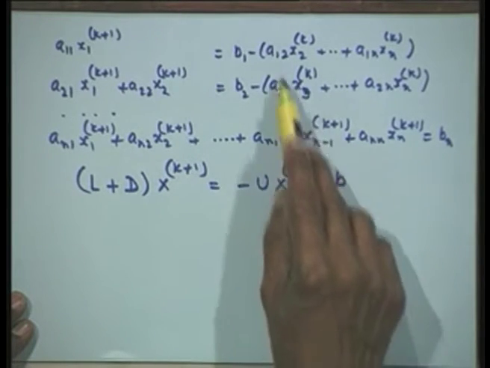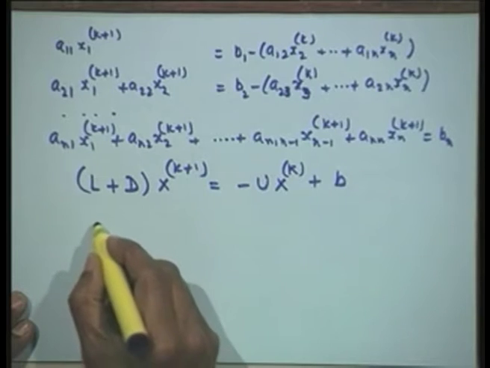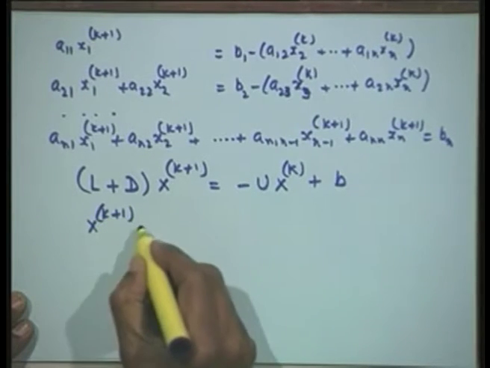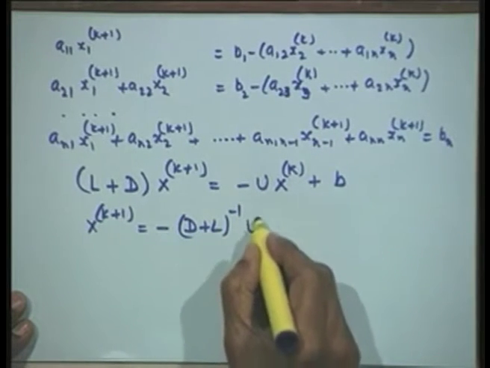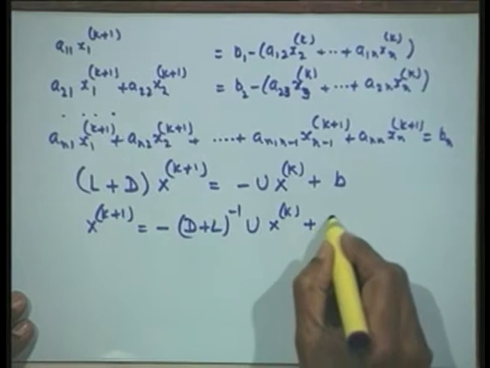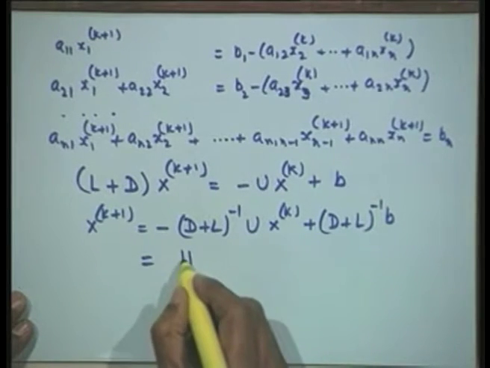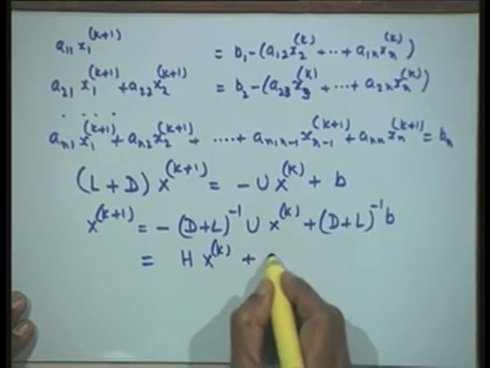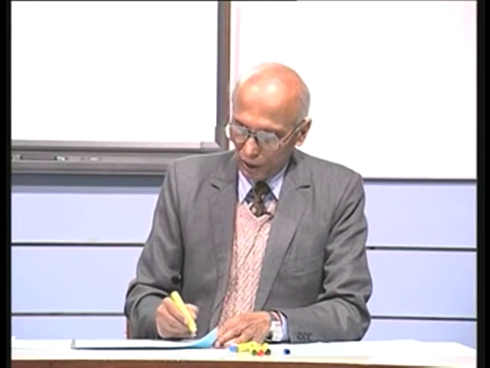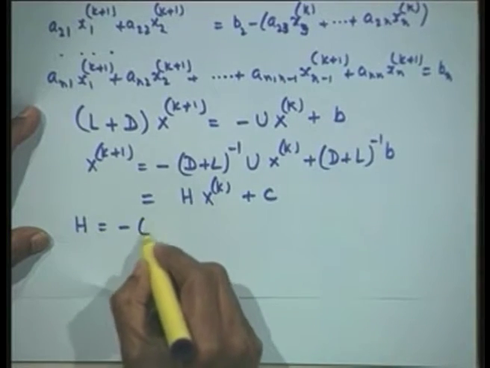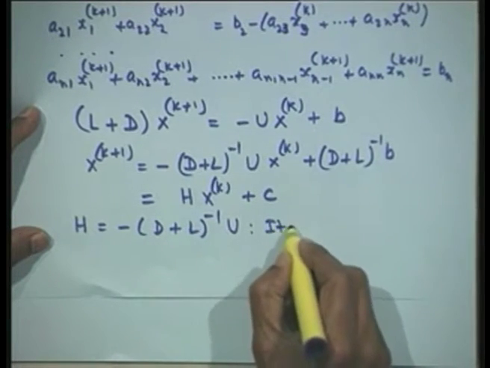On the right hand side you have the contribution of the upper triangular part, that is minus U into x^k plus b. Therefore, I can write this as x^(k+1) is minus (D plus L) inverse of U x^k plus (D plus L) inverse of b, which is our H x^k plus c, where now the iteration matrix H is given by minus (D plus L) inverse of U. So, this is our iteration matrix.